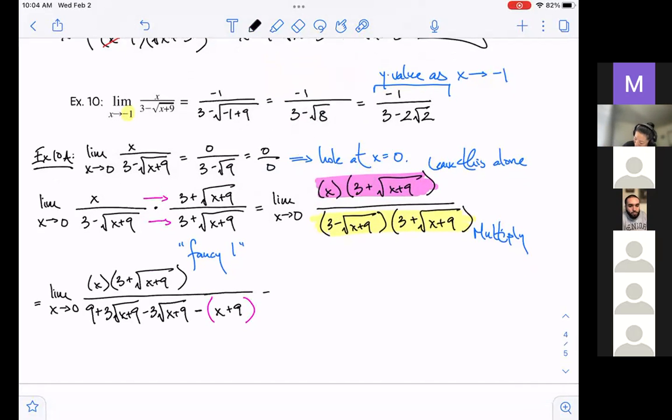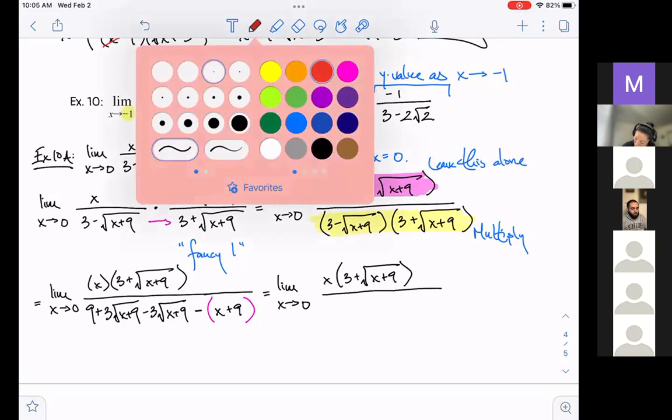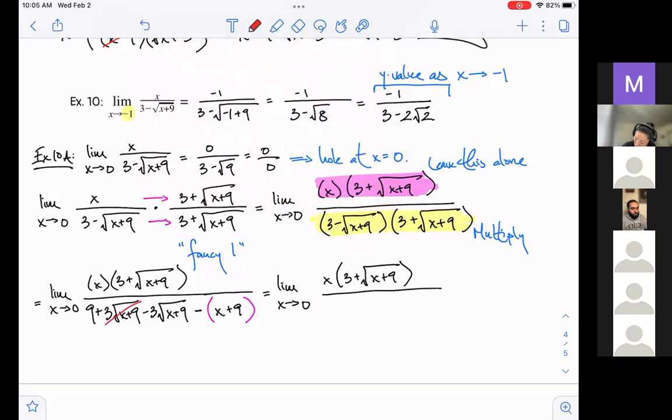All right, let's see what we have. We've got the limit as x approaches 0 with our numerator that we have been oh so patient with, which is great. All right, and in the bottom, let's see what cancels out. This 3 root x plus 9 minus 3 root x plus 9 cancels out.